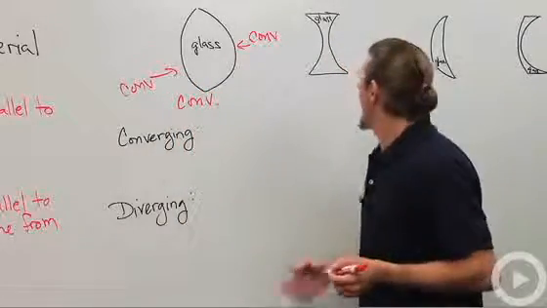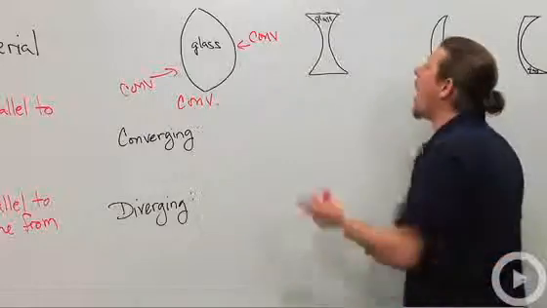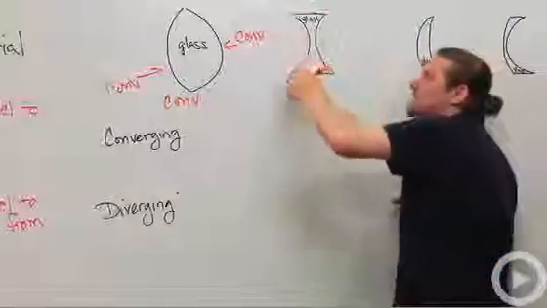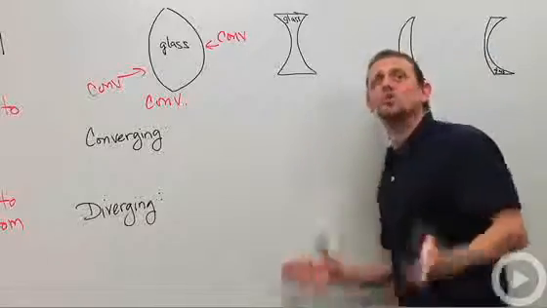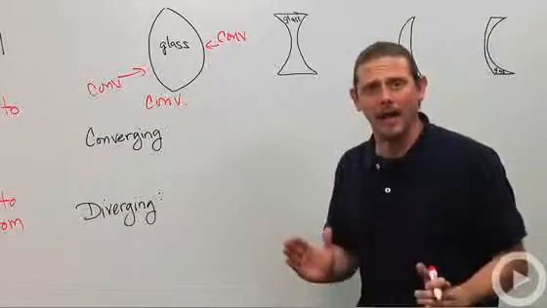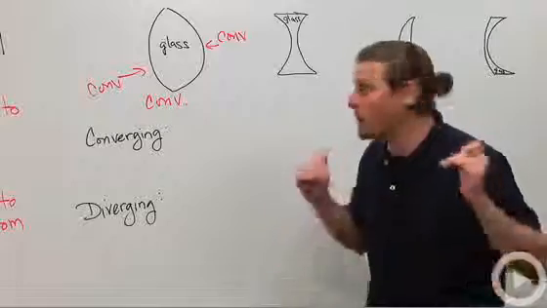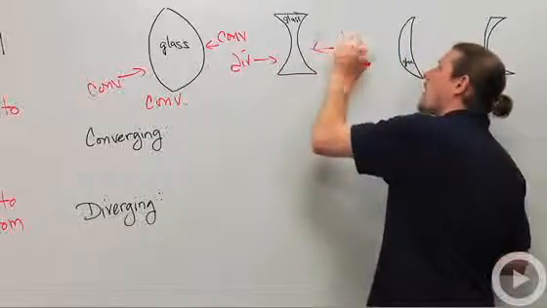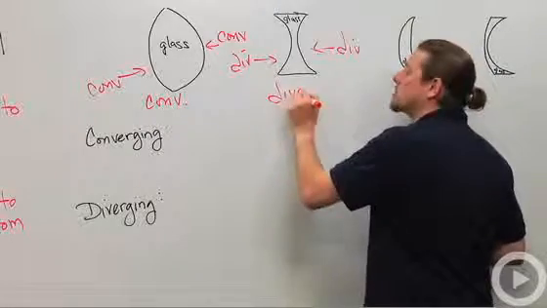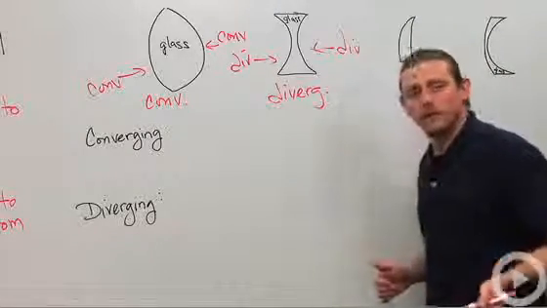How about over here? Well, on this side, the glass is concave and on the other side, it's concave too. So both sides are concave. That means it's diverging on both sides. So this is a diverging lens.